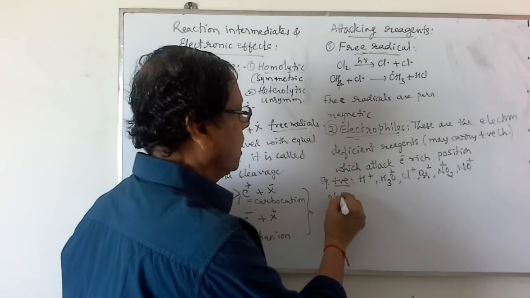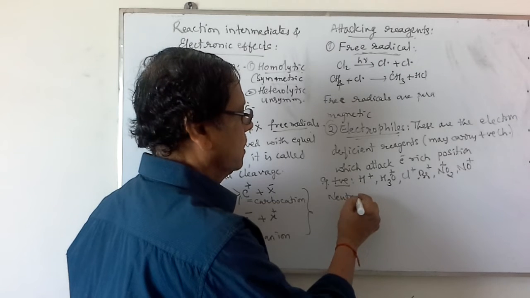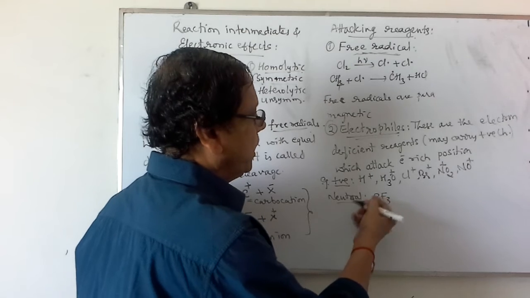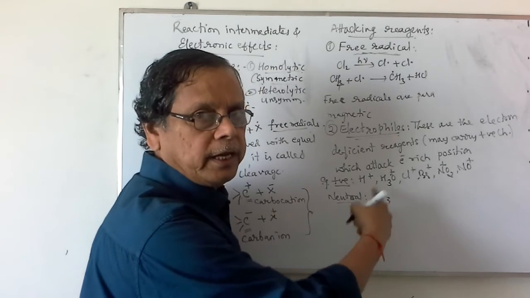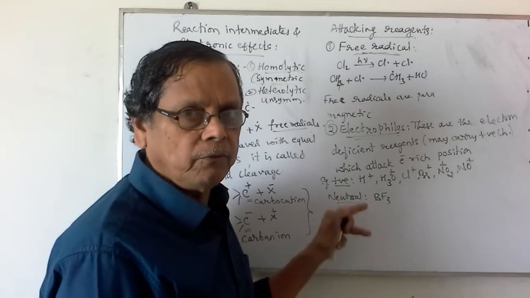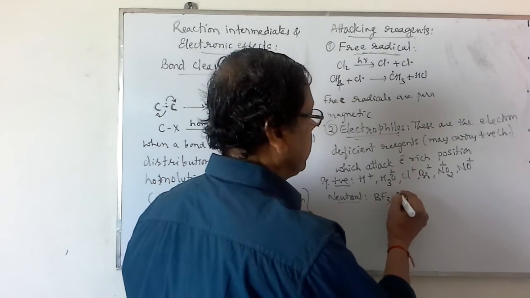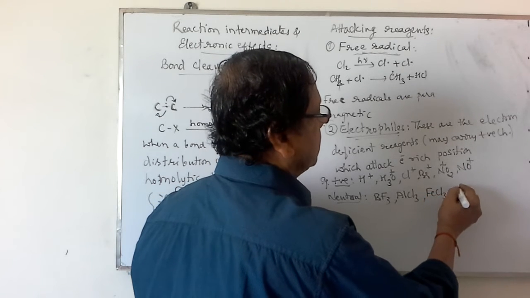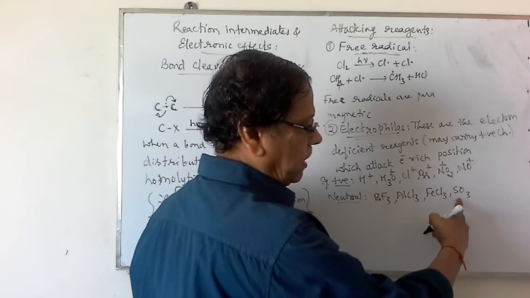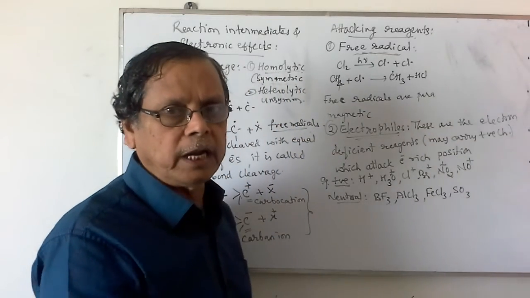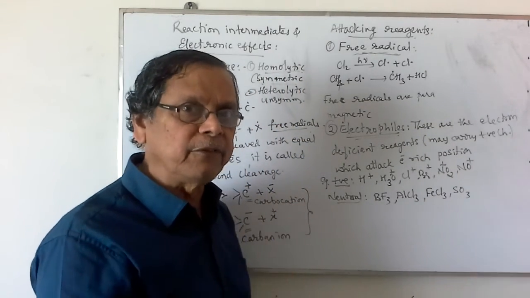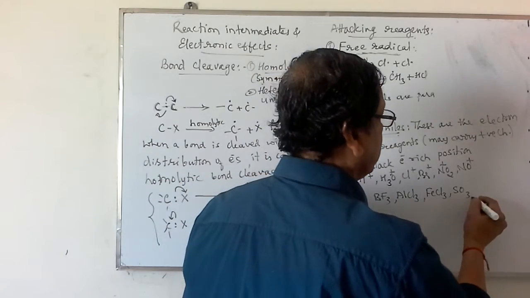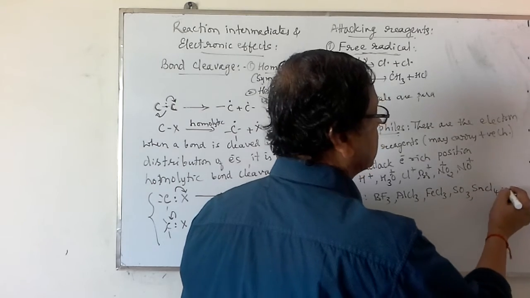Similarly, the neutral reagents which behave as electrophiles: BF3, boron trifluoride, has boron electron deficient. It has only 6 electrons in the valence shell. Similarly, we have AlCl3, aluminium chloride, FeCl3, sulfur trioxide. In this sulfur trioxide, oxygen will be more electronegative, that's why it causes the electron deficiency on the sulfur atom. Again, there are 6 electrons only. Similarly, SnCl4, etc.